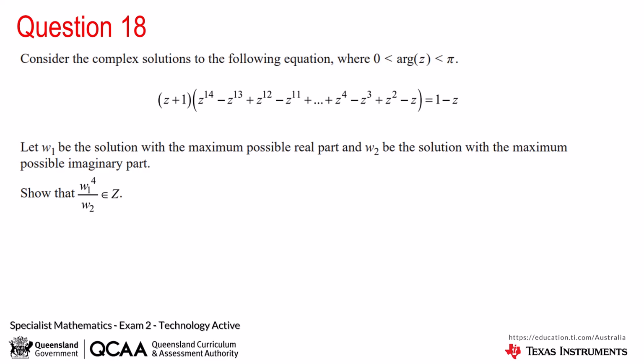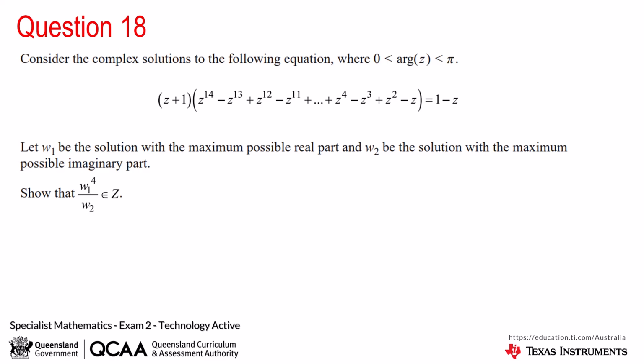So let's look at W1. The root with the maximum possible real part will occur for a k value equal to 1, which corresponds to a real part of cos 2 pi on 15, which is about 0.91, and it's a value that's just below 1. So we can therefore conclude that W1 is equal to cis 2 pi on 15.